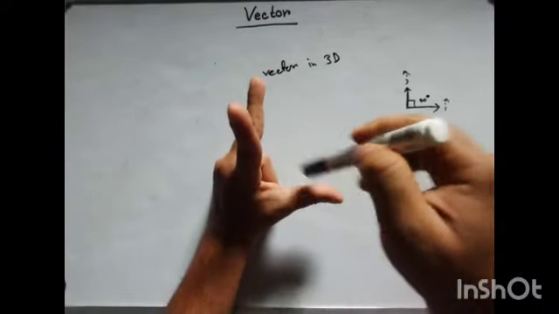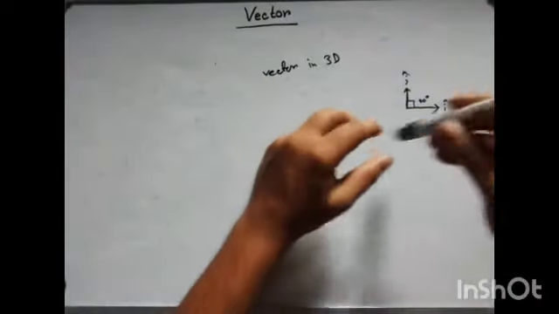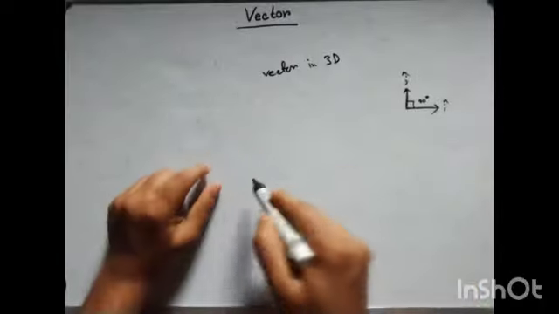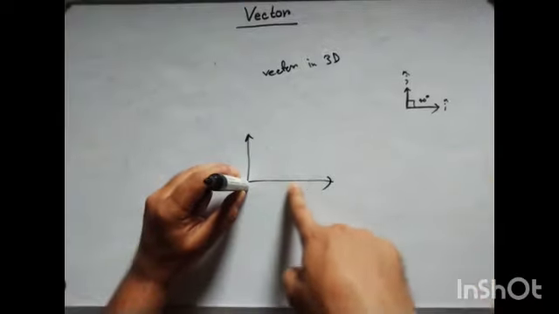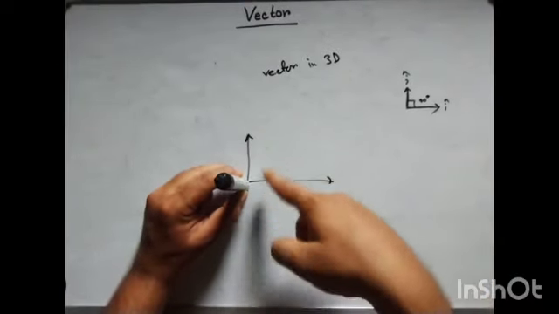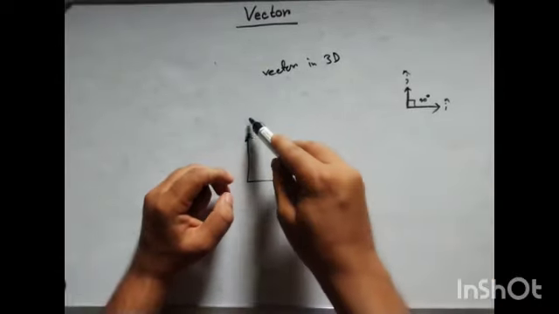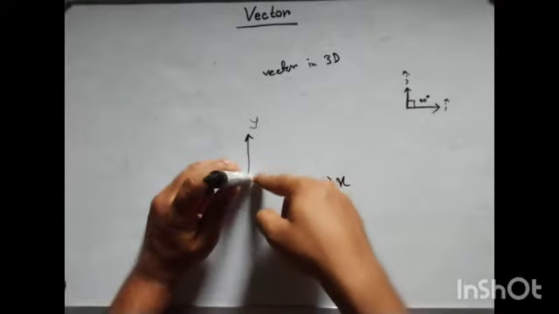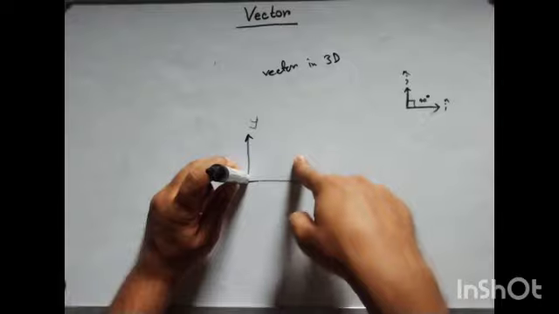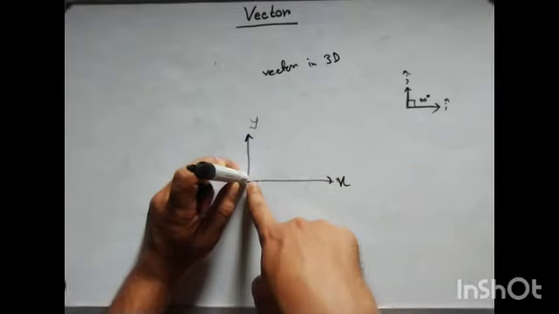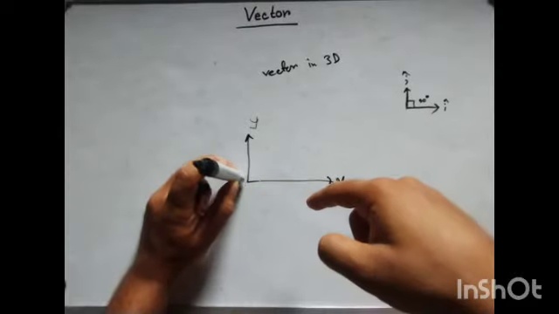So if this direction is the x-axis and this direction is the y-axis, then this upwards direction will be the z-axis. In reality, in 3D, this will be the x-axis, this your y-axis, and this your z-axis upwards.